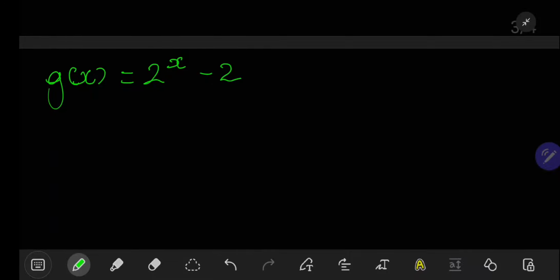Then they want us to sketch the graph of g and its inverse on the same set of axes, in order for us to see that indeed we reflected the graph about the line y equals x, because that is what the inverse is all about: reflecting the graph about the line y equals x. The first thing we can see here is that our asymptote is y equals negative 2.